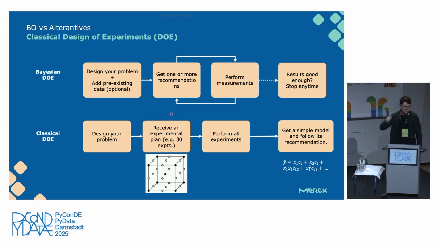This is what comes out at the end. And then you have that model, and then you can ask the model, where should I go to find my optimal point? So it's very different. There's no loop. Of course, you could repeat that process. Sometimes people do that. But I want to highlight here the start is different. You cannot add initial data, and there's no flexible loop. I can perform this loop one experiment after the other.